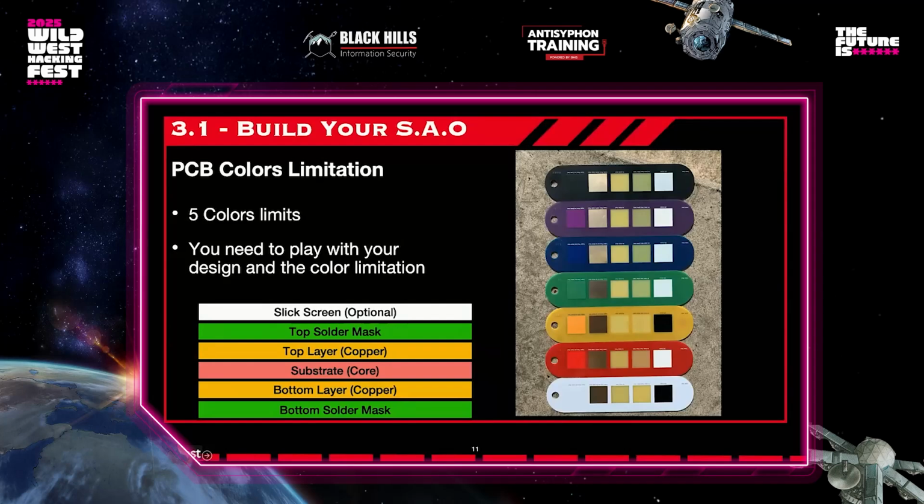You have the core substrate. If you look at the picture, it's not very clear, but it's the one that is kind of yellow in the middle. That means you only have the core exposed here, so you can count that as a color if you want to do some nice design. Then on top you have the copper layer. So this is the shiny copper, the second one.